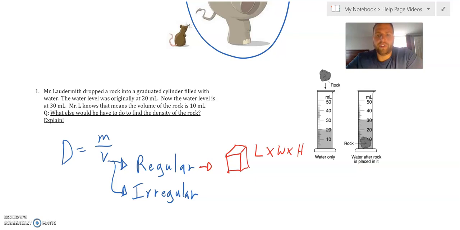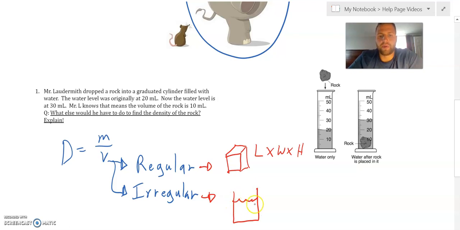So now what would I do if the shape of the object did not conform to a geometric box? Well, what we would do is we call this now an irregular object, and there's a whole separate procedure that we need to follow to measure out this new volume. The procedure goes as follows. We're going to need a container full of water.